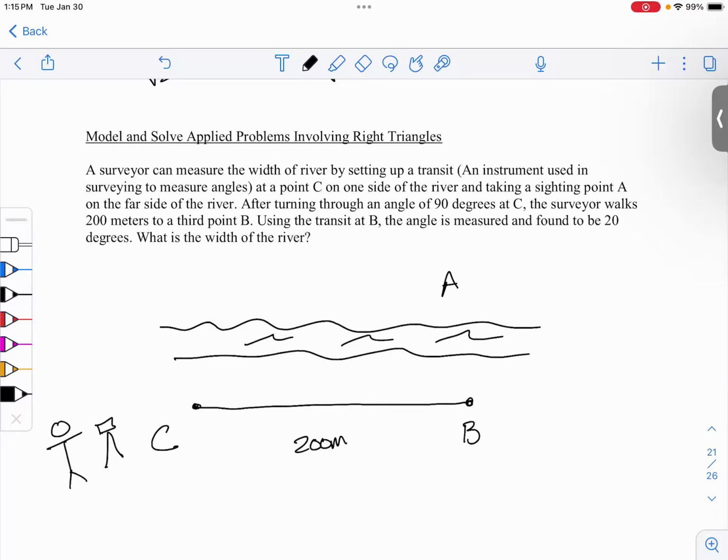And my picture's not perfect to scale here. All right. Sorry, he measured the far side, actually it makes more sense that he would measure this.